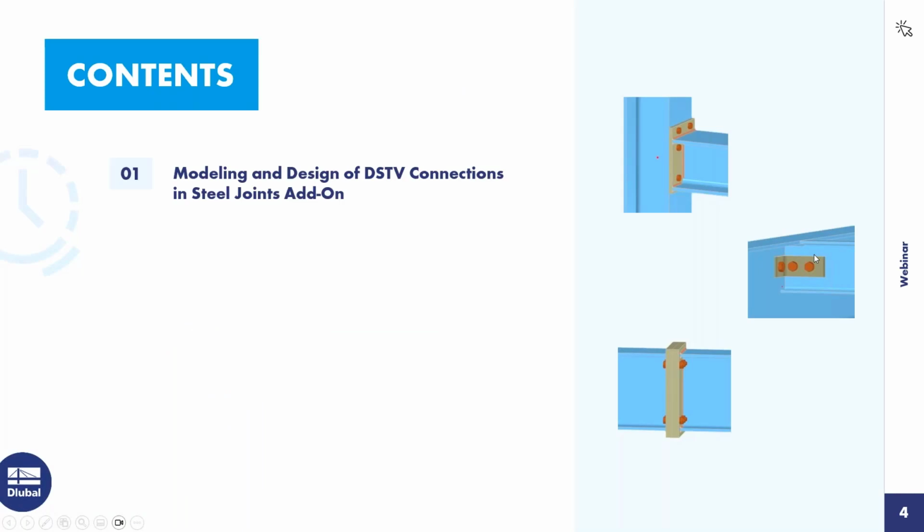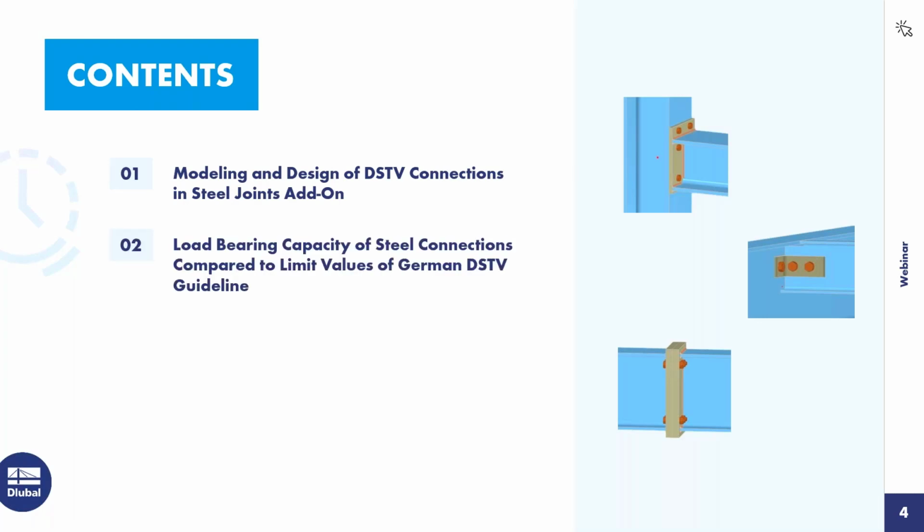That's the content today. I will model and design DSTV connections in the steel joints add-on, and I will compare the results. I compare the load bearing capacity of the steel connections with the limit values of the DSTV guideline.